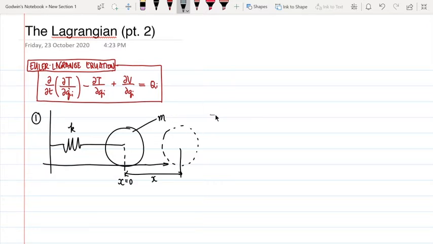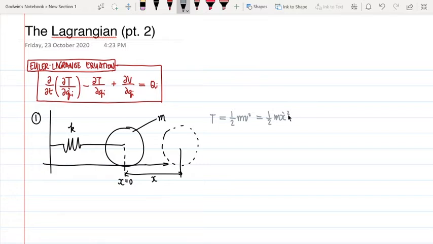First off, let's tackle kinetic energy, which of course is just always 1/2 mv squared. But from our last video, we discussed that this velocity here is just a time derivative of our position. So let me just rewrite this as 1/2 mass times x dot squared.